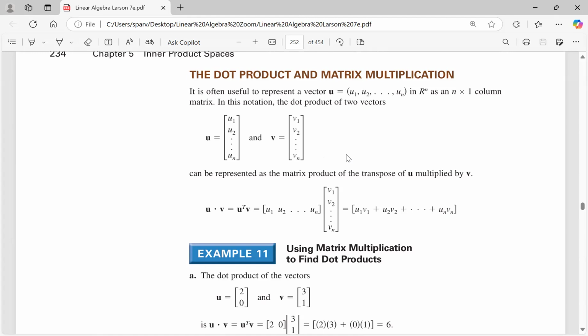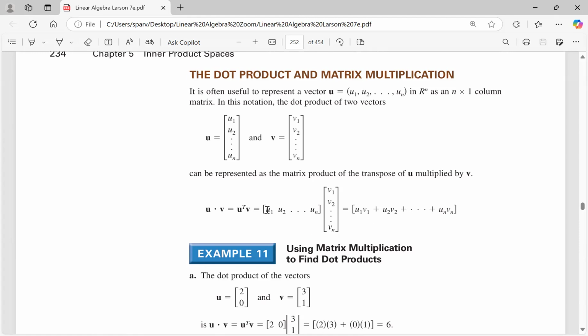So one way we could multiply them is to transpose U. This column vector, when it's transposed, is going to look like this, right? N rows, one column transpose becomes one row, n columns. And now we can multiply a 1 by n by an n by 1. The inside numbers are n. The final product is going to be a 1 by 1, which means a scalar.